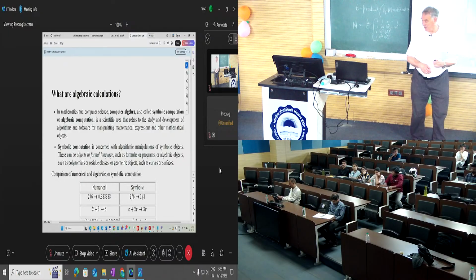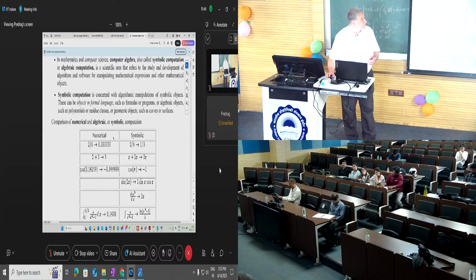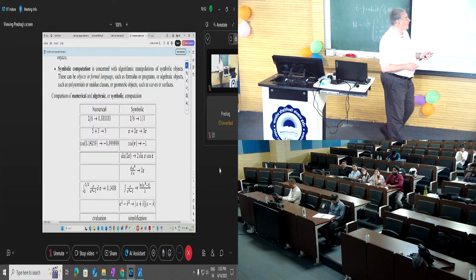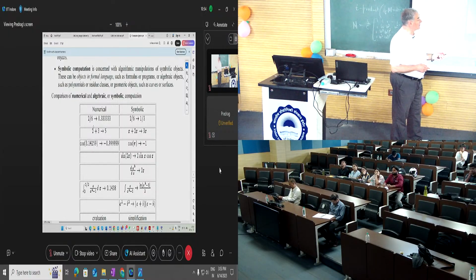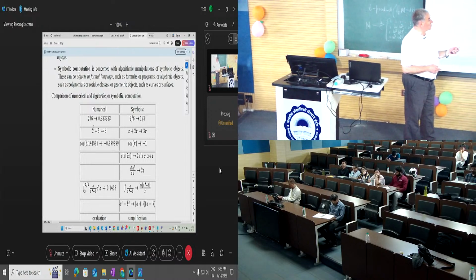In this table, I briefly presented the difference between numerical and symbolic computation. The left column includes examples of numerical calculations.